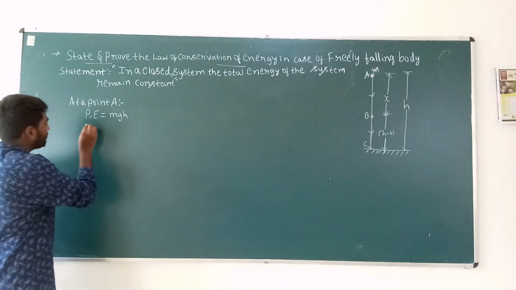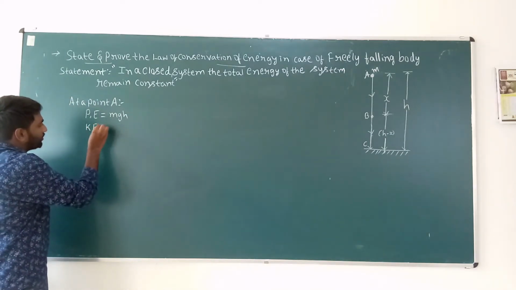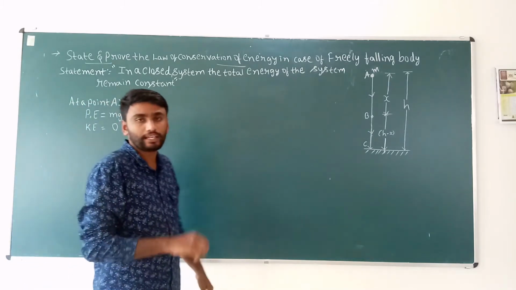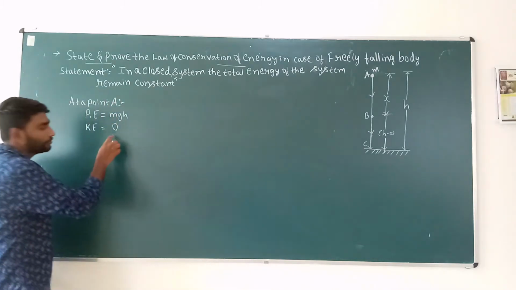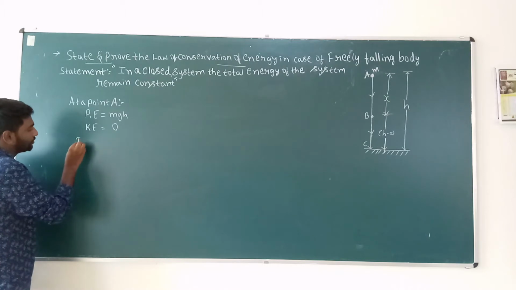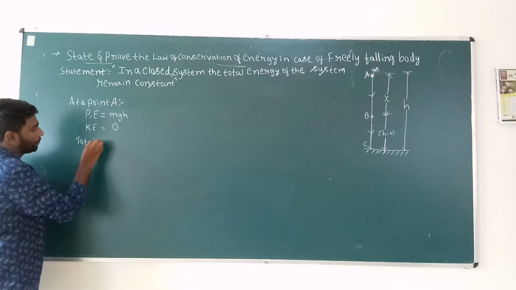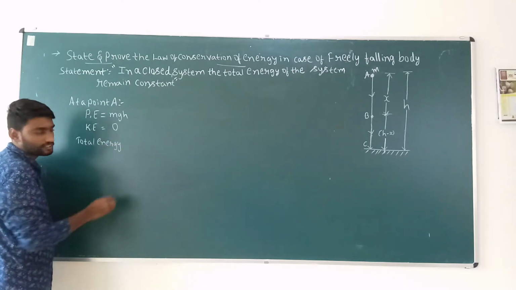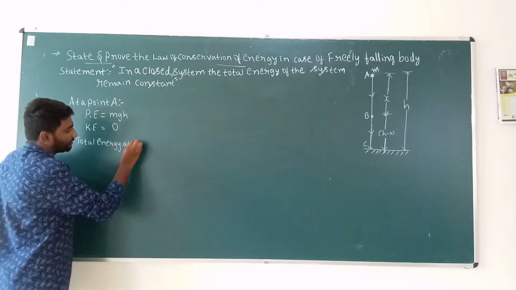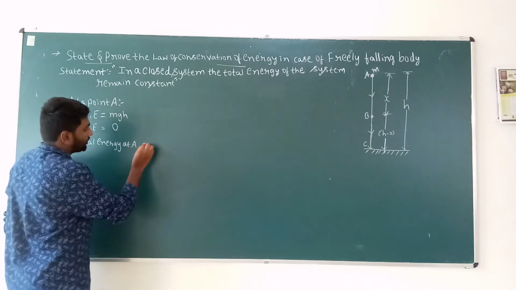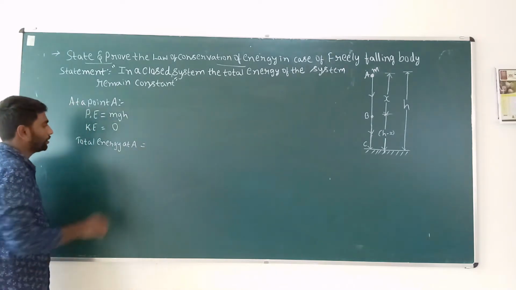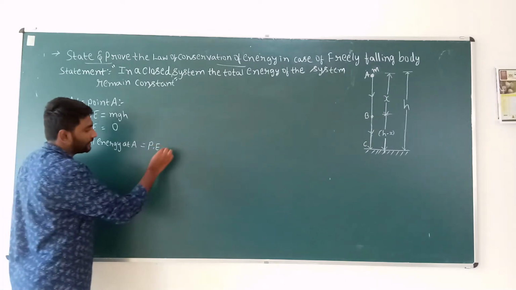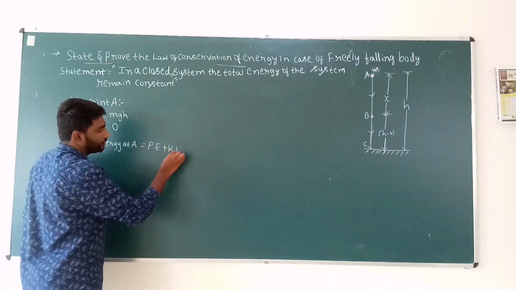So KE equals 0. The total energy at A equals potential energy plus kinetic energy.